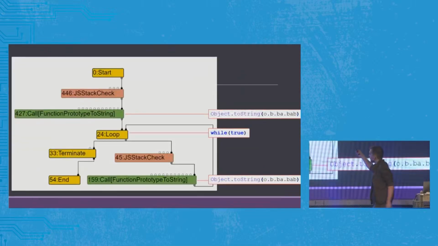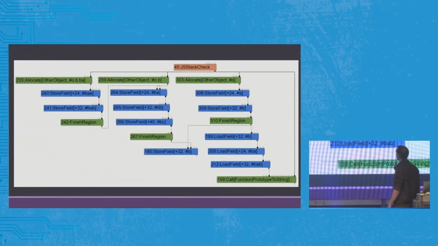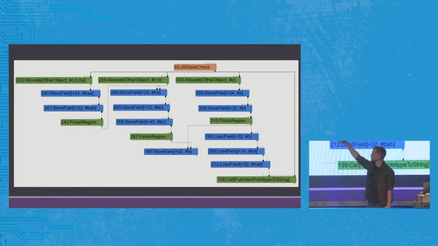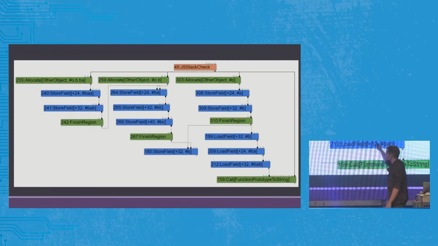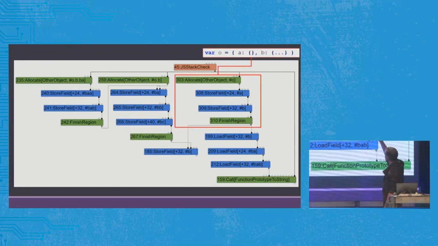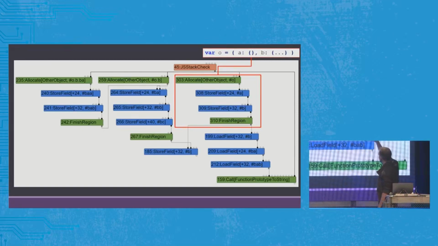So if we try to unwrap this with Turbolizer, we're going to get this. This shows us the entire generation, allocation, and initialization of the object, and then how the object field is loaded and fed into toString. If we look at this in more detail, this is the side that allocates the local object O, as well as some of its fields.